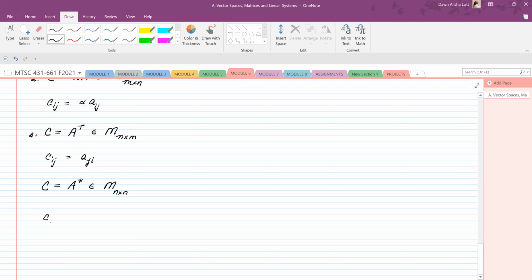So Cij is equal to Aji, but if this is complex, these are conjugate transposes. And we call A star the adjoint of A.